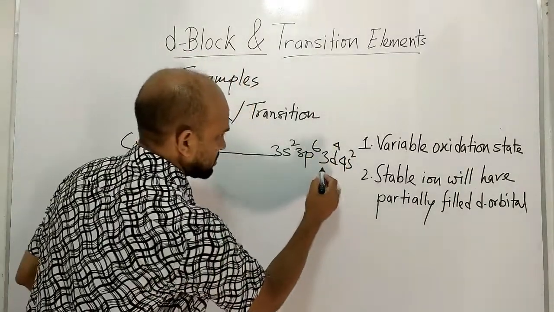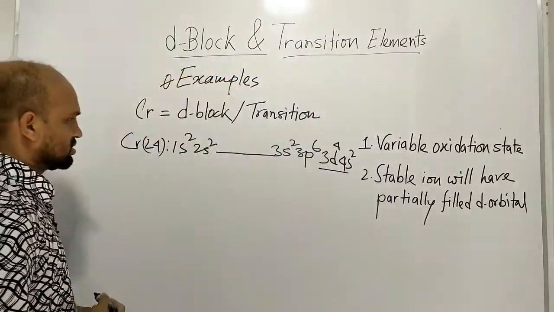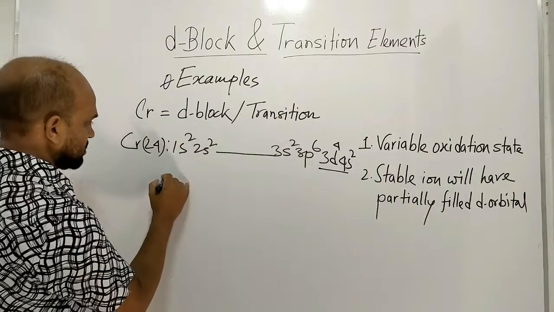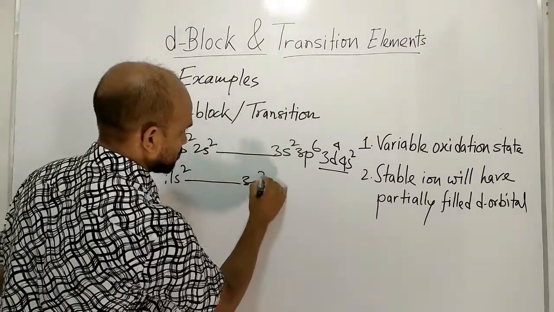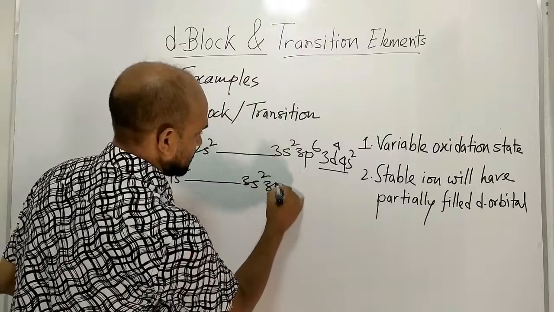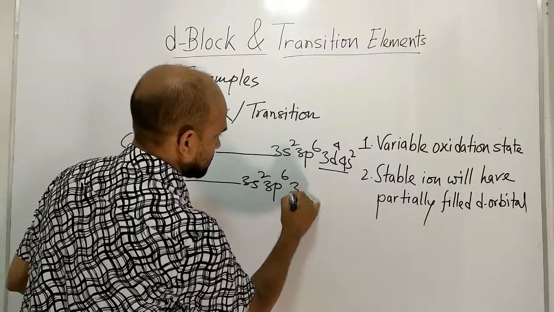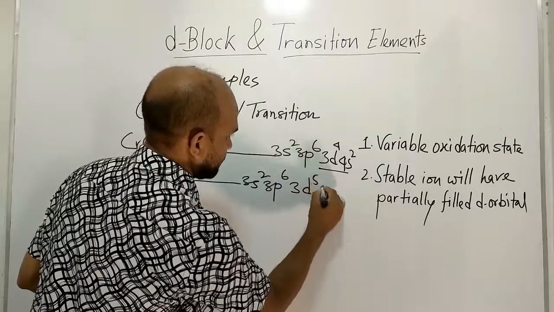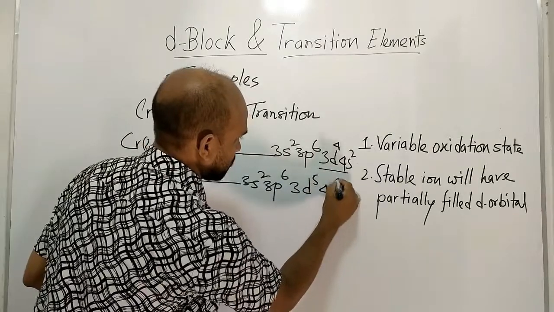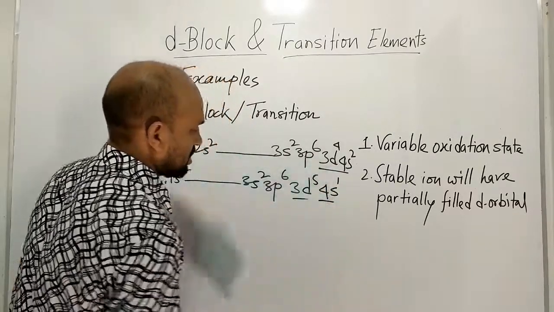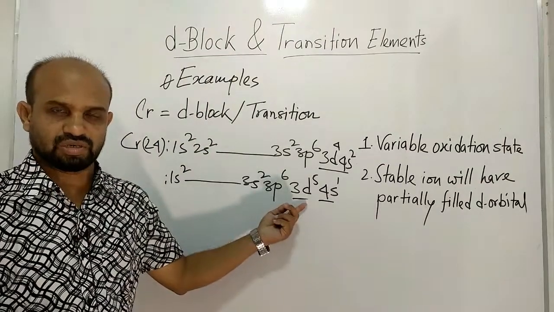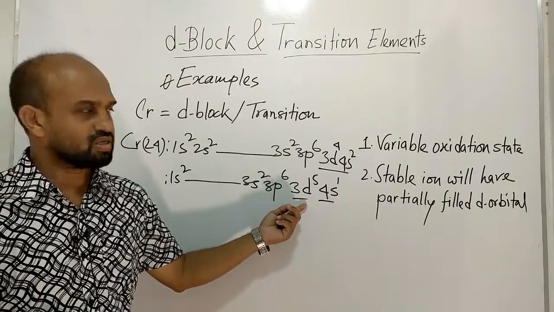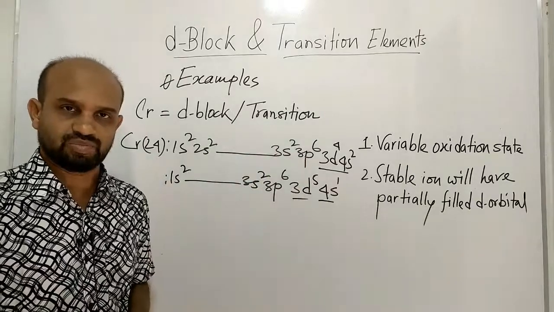This configuration is rearranged to get the stable configuration: 1s2, 3s2, 3p6, 3d5, 4s1, to get half-filled orbitals, which are a stable configuration. So to get stability, rearrangement happens.